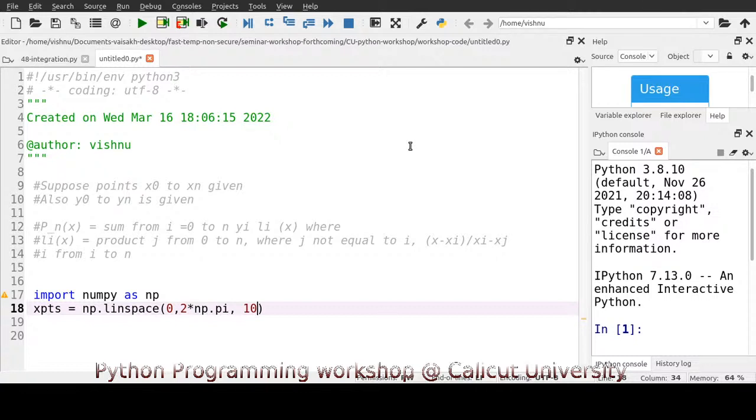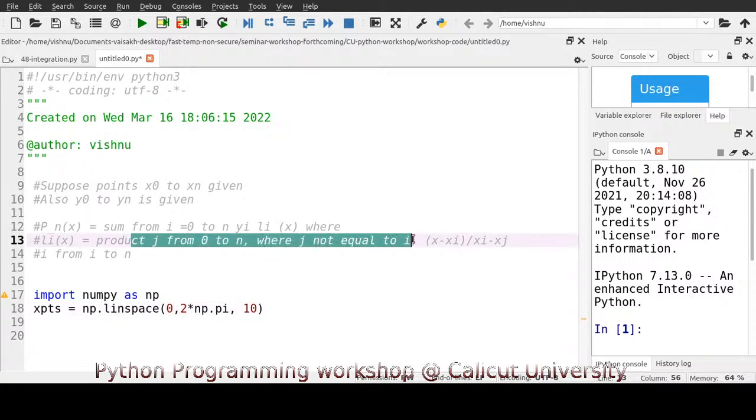Pn of x degree is going to be equal to, see, each Li of x has j from 0 to n. Corresponding to each j, we have x minus xj. But j is not equal to i, so one j is missing. Therefore, there are n minus 1 such factors.